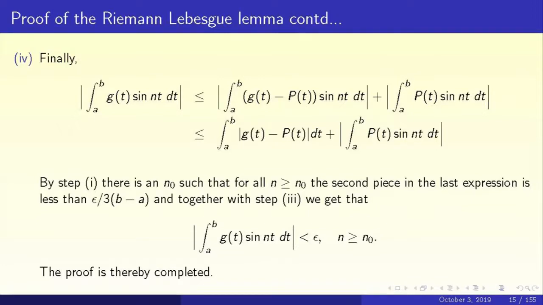The first piece is less than or equal to the integral from a to b of mod g(t) minus p(t) dt, plus the second piece, which is the mod of the integral from a to b of p(t) sin nt. What about the first piece? We know that the first piece is less than 2/3 epsilon. And the second piece, we already proved the Riemann Lebesgue lemma for polynomials, remember?